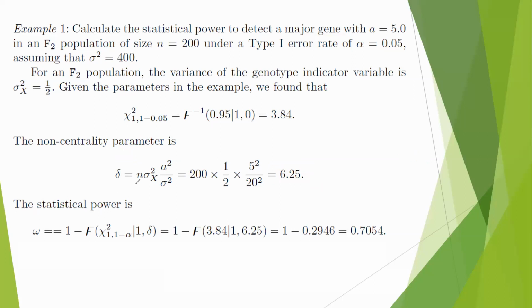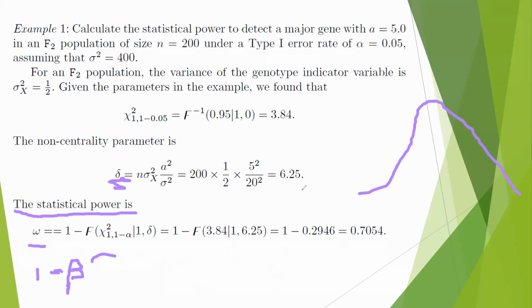All right, given this, then it's easy, right? Because the statistical power is 1 minus beta. And this beta is the area. So we have two distributions here, right? Once you specify the cutoff for the null distribution, you automatically specify the area of the beta.